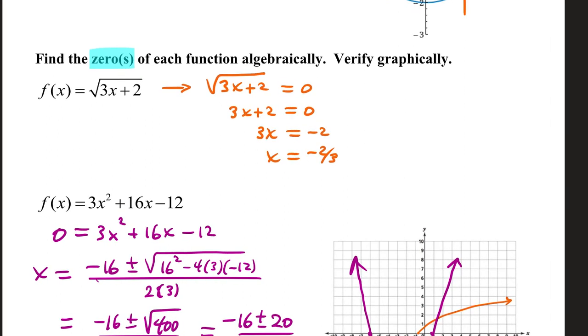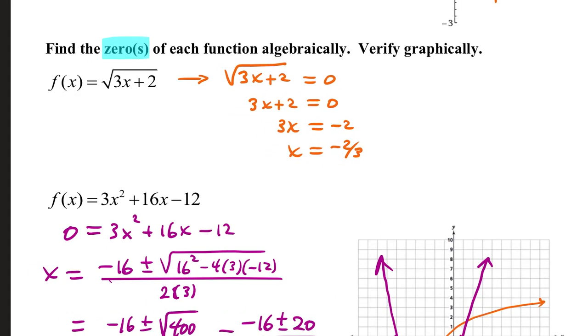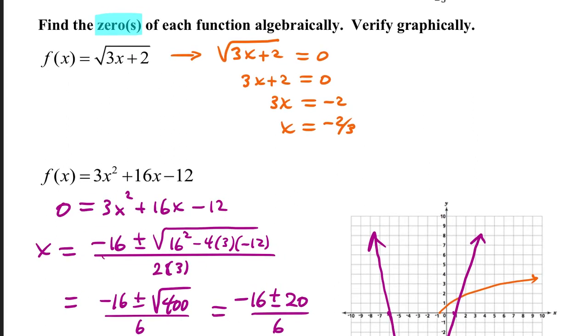Find the zeros of each function algebraically, verify graphically. Our first function is the square root of 3x plus 2. Square root of 3x plus 2 is equal to 0. Square both sides. 3x plus 2 is equal to 0. Subtract 2, divide by 3.